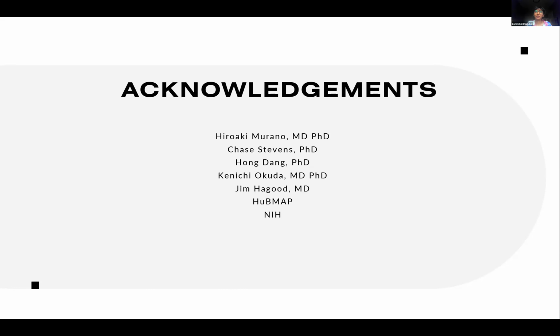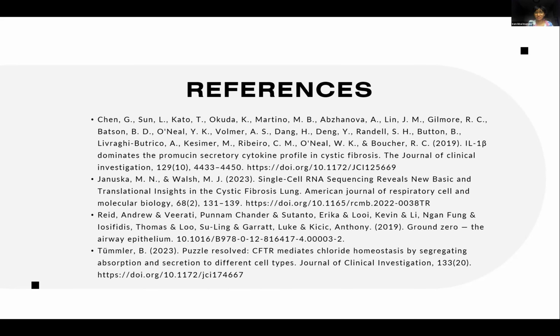I've learned a lot over the summer, and it's been incredible to see how tiny, small things can affect big pictures, how certain gene expression could be important or interesting to look at, and how certain airway functions are determined by certain gene expressions. Here are a few of the references that I could share, and I would be happy to answer any questions if there are any.